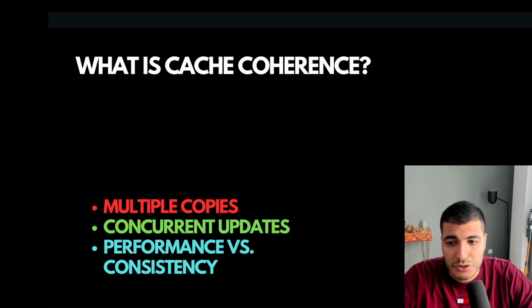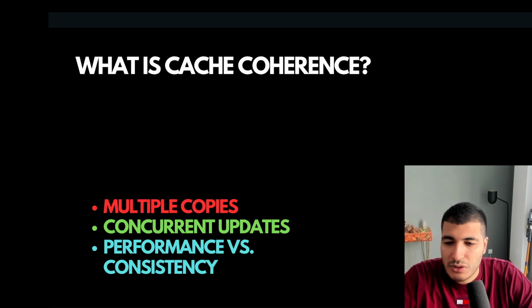If one cache has the old email and the other one has the new email, or if both have the old email while the database has a new email, you have a coherence problem.